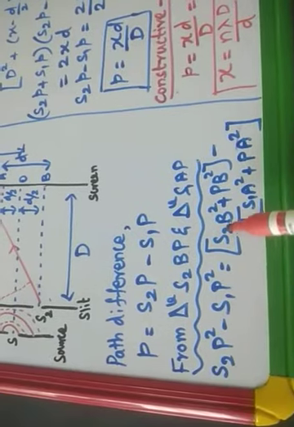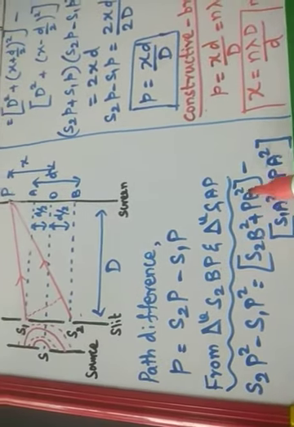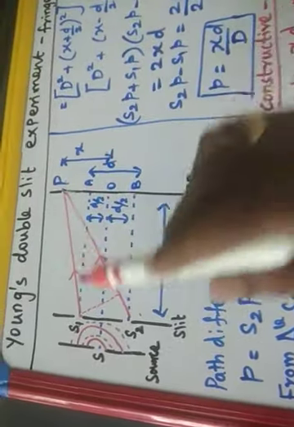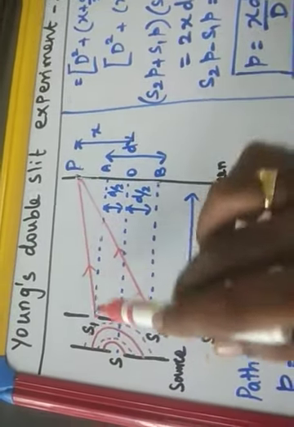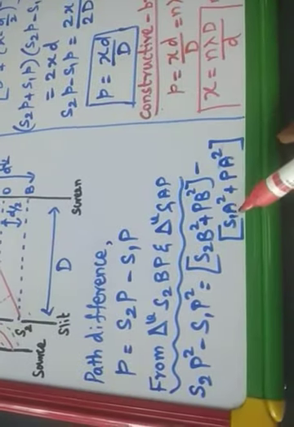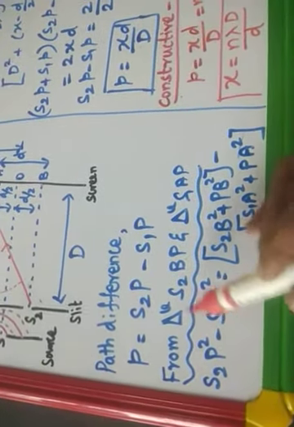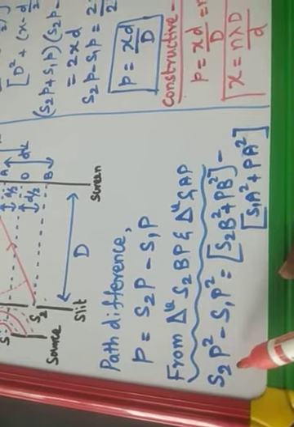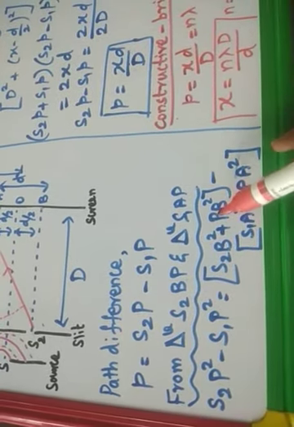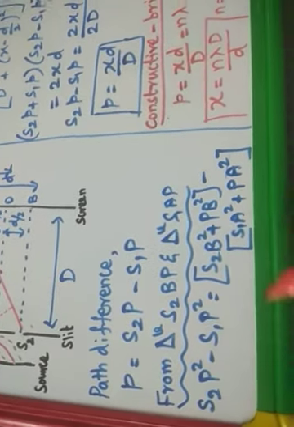Adjacent is S2B squared and opposite is BP squared. Similarly, S1P squared is equal to S1A squared plus PA squared. These two are the hypotenuse of the two triangles.